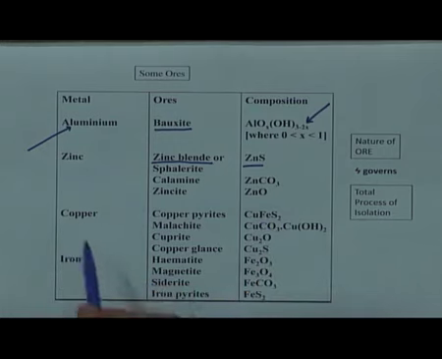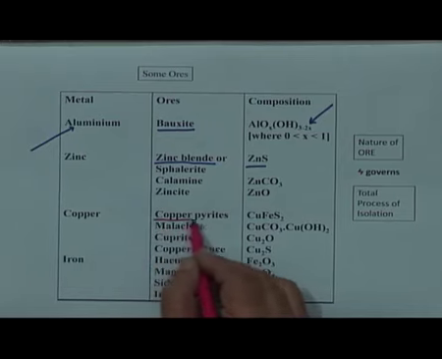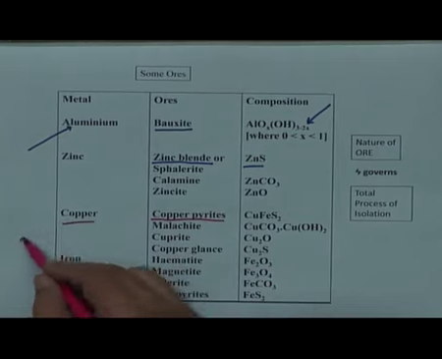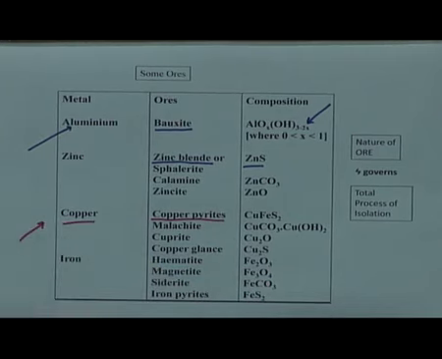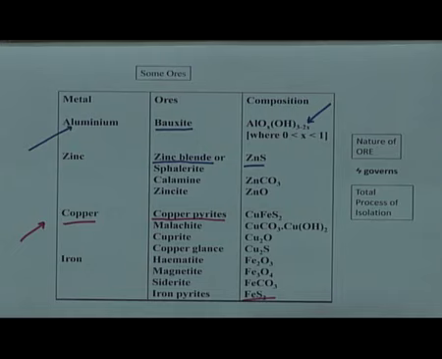Copper is also present in the earth crust as copper pyrites. It is copper iron sulphide. Iron is also present as iron pyrites. Of course, other ores of iron are also there like hematite, magnetite, siderite. The first two, hematite and magnetite, are oxides. Siderite is a carbonate.